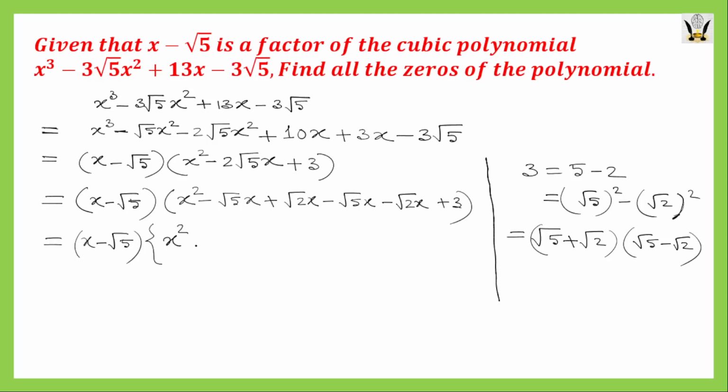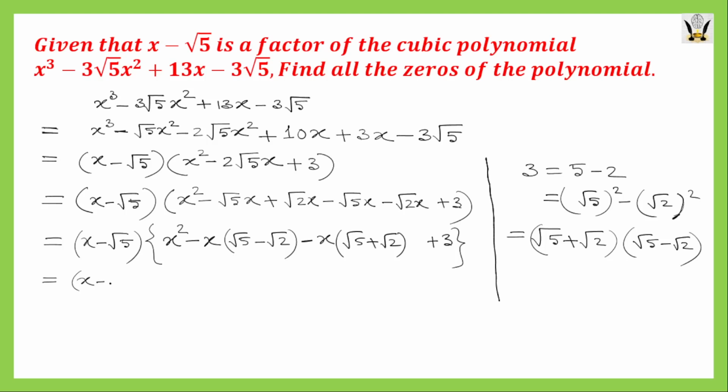So now what we can do is take x common from here. Within the bracket we will have root 5 and then minus root 2. And from here we can take minus x common, so it will be root 5 and then plus root 2, x, and then plus 3.